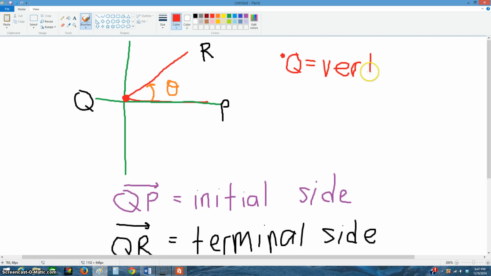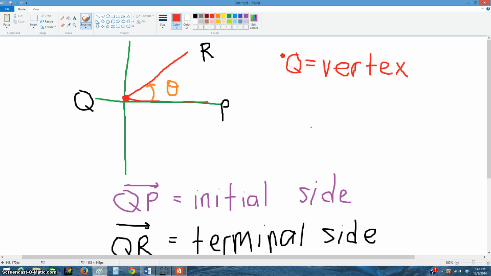So on your midterm, you may have what is point Q. Of course, your angle is going to be called different letters, but depending on what side it is, you're going to answer. It may ask you, what is QR? And you'll say terminal side. What is QP? You'll say initial side. What is point Q? You'll say vertex. So make sure that you know every side of an angle at standard position.